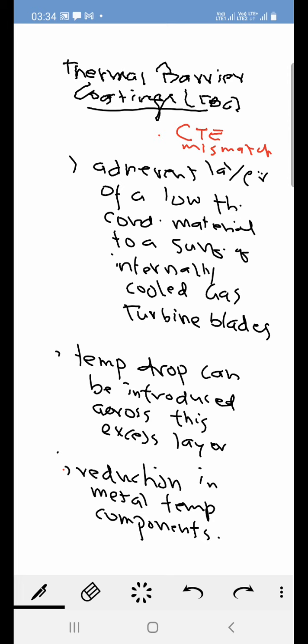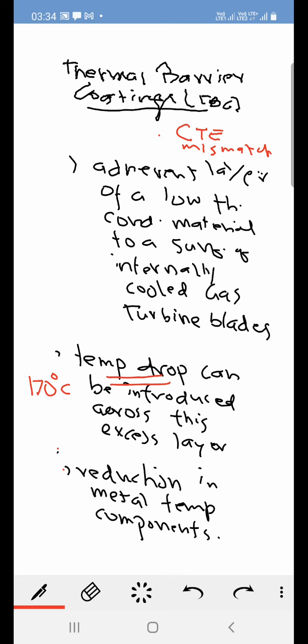And due to this, there is a temperature drop, as already told, through this thermal barrier coating. The temperature drop is up to around 170 degrees centigrade, and how much temperature drop takes place depends upon the thickness and the material used as TBC.